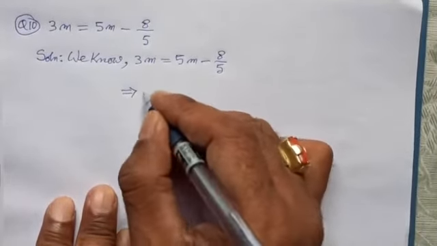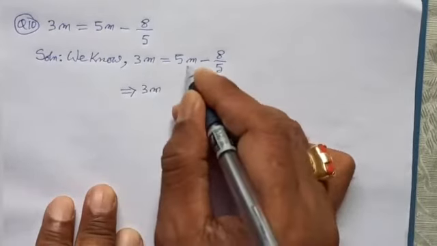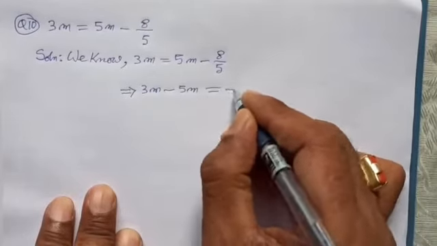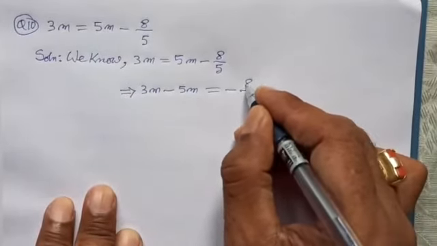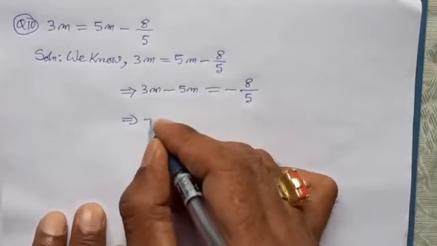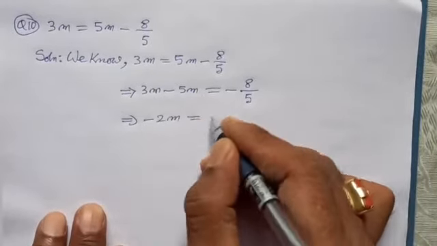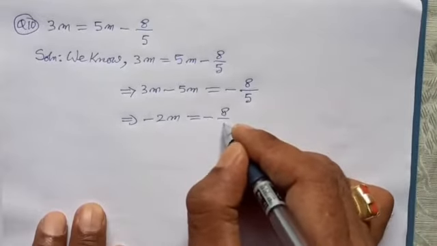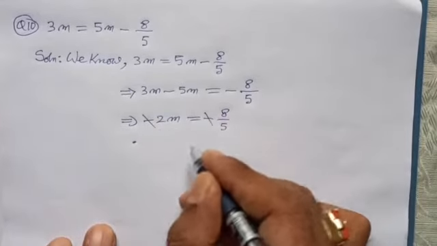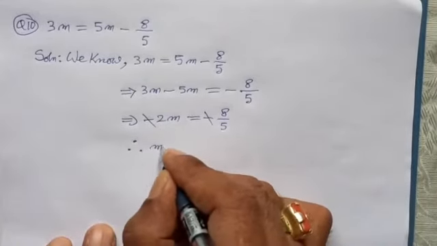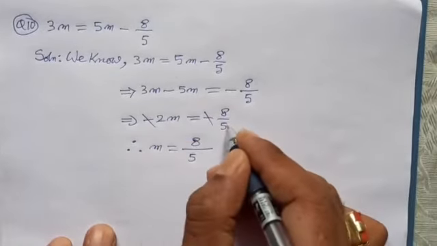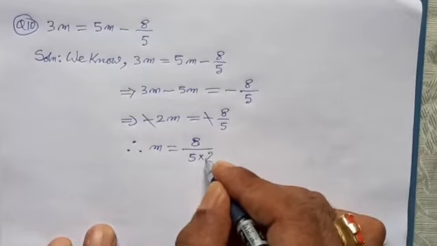So 3m, here m is the variable, 5m is transposed to the other side, then minus 5m is equal to minus this number 8 by 5. Next step: 3m minus 5m, if we subtract we will get minus 2m, equal to minus 8 by 5. Minus minus can cancel, therefore 2m is equal to 8 by 5. If this 2 is transposed to the other side, 8 by 5 will be divided by 2.